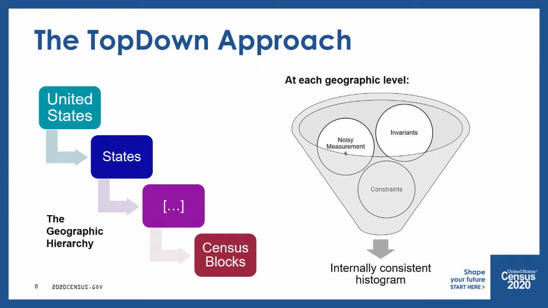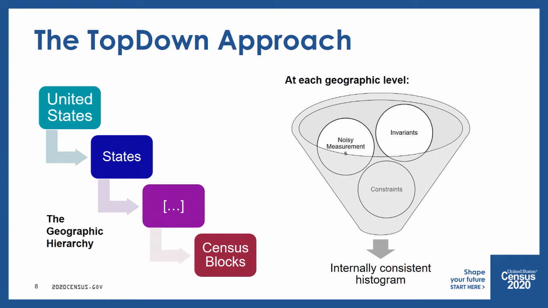The top-down algorithm then post-processes those noisy measurements into an internally consistent histogram at the US level that meets those requirements. So it's as close as possible to the noisy measurements while also meeting the invariants and constraints that have been pre-specified. The resulting histogram is entirely non-negative integers, which then forms the histogram for the overall United States.